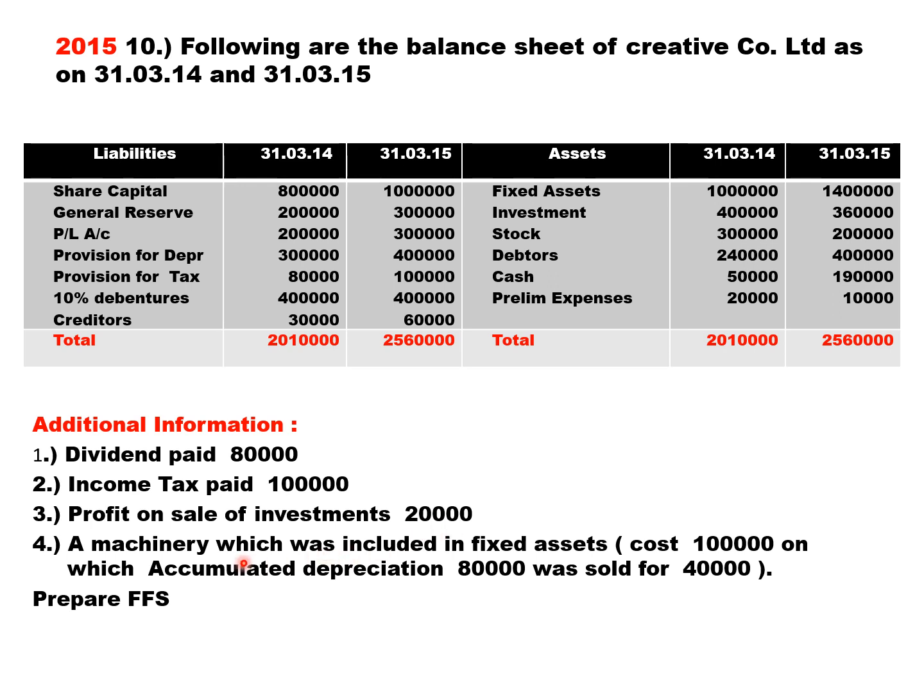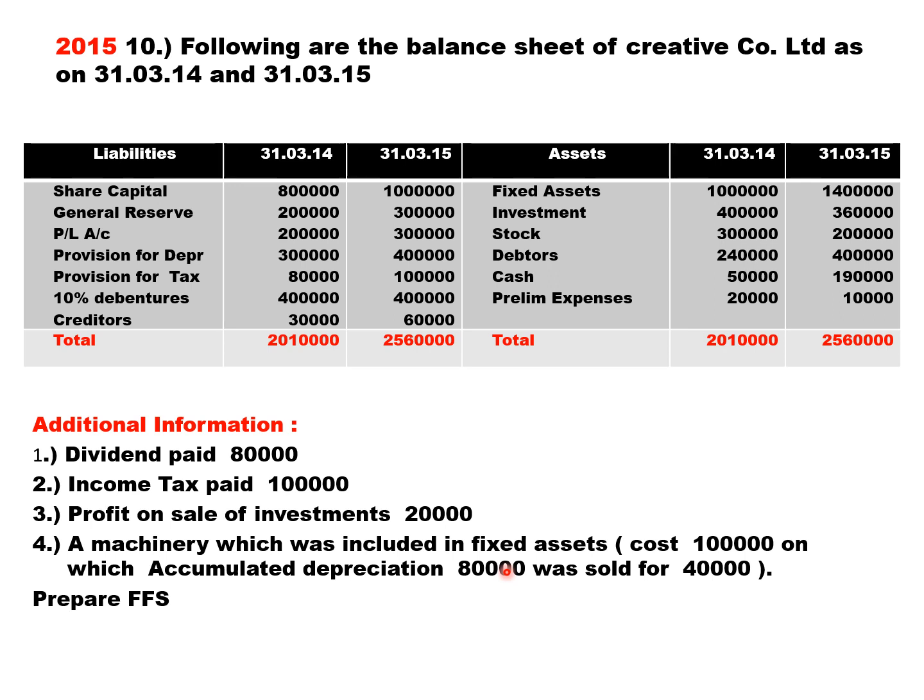A machinery which was included in fixed assets. So fixed assets include machinery. Cost rupees 1 lakh, on which accumulated depreciation is 80,000, was sold for 40,000. Students, the cost of the machine is 1 lakh, but its accumulated depreciation is 80,000.